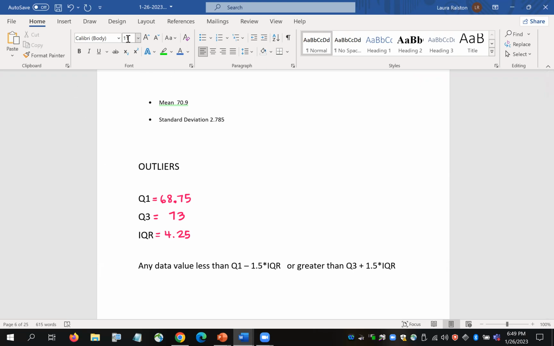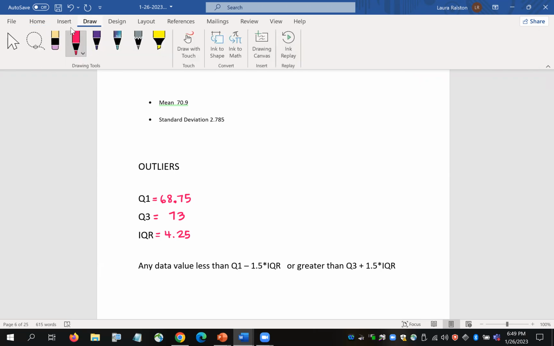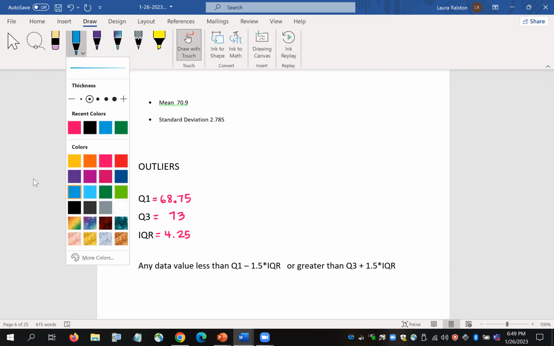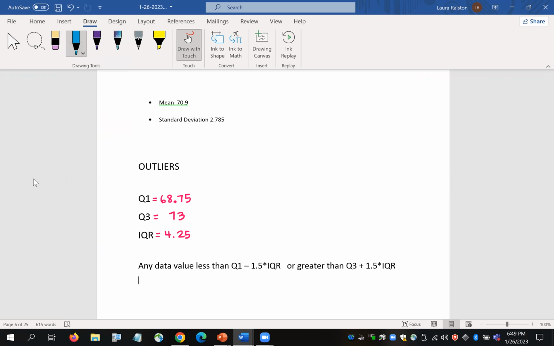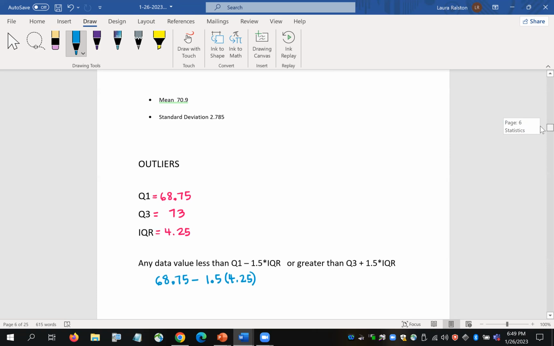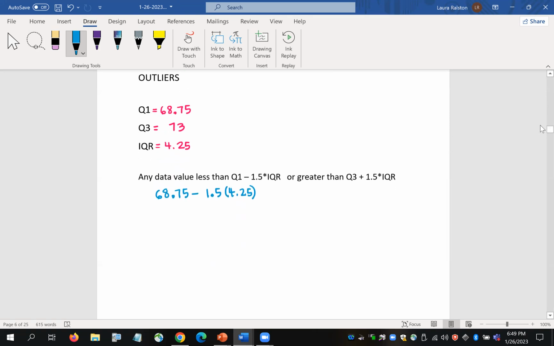So for the first one, I would have 68.75 minus 1.5 times 4.25. Now, guys, you got to follow order of operations, which means you do the multiplication first.